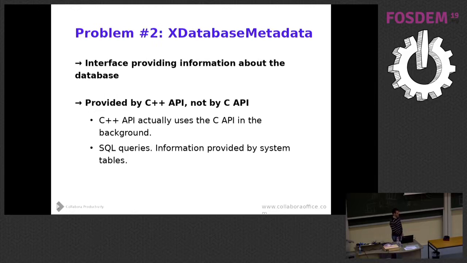But with the C API, these methods are not available, so I had to use SQL queries. The challenge with that is that it's not as strongly typed as C++, and developing in that way is a bit tricky. But most of the methods work now.